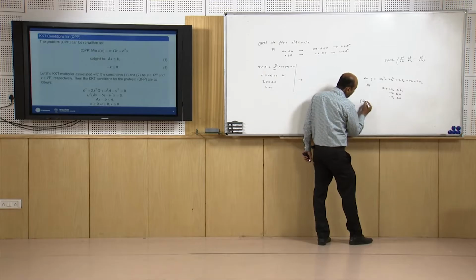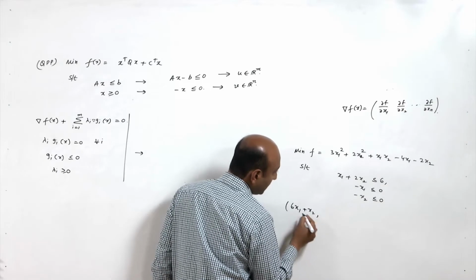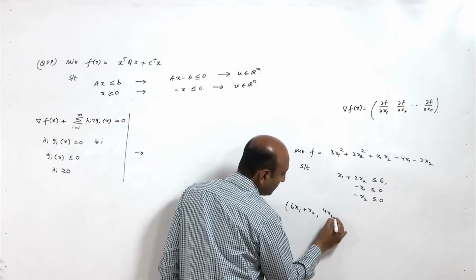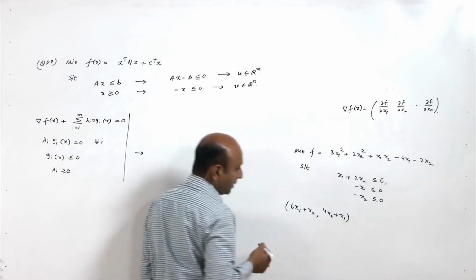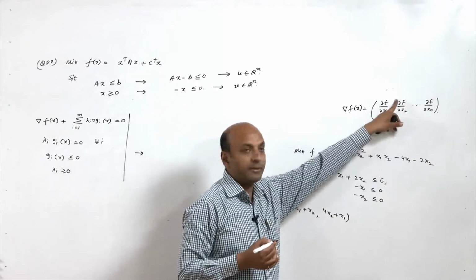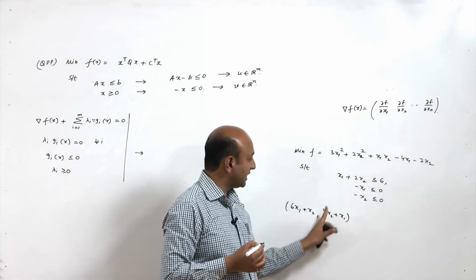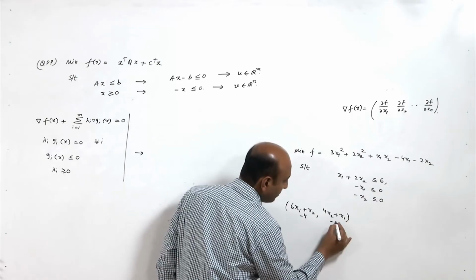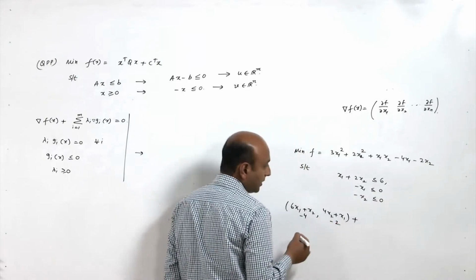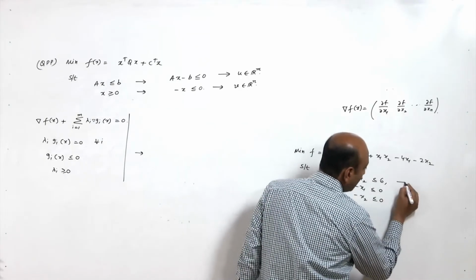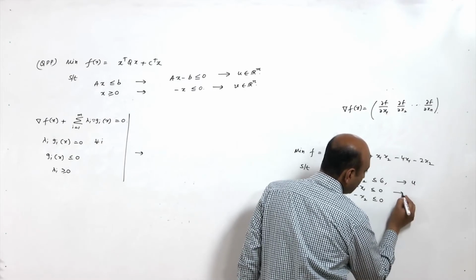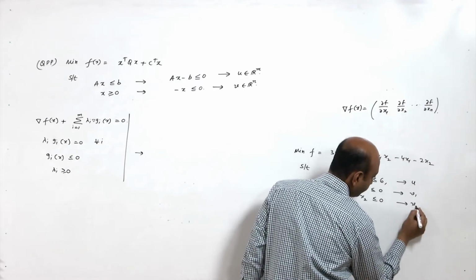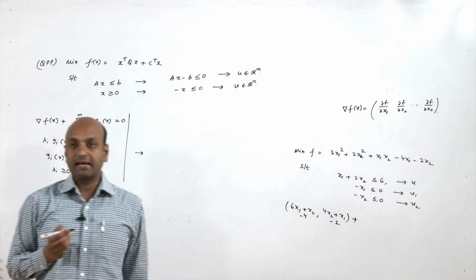What will be the gradient of f(x) for this problem? It is 6x1 plus x2, then 4x2 plus x1, that is del f by del x1 and del f by del x2, and of course minus 4 and minus 2, plus now we are taking u here and v1 and v2 here. These are the KKT multipliers.